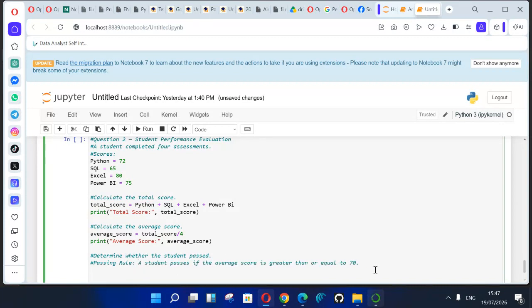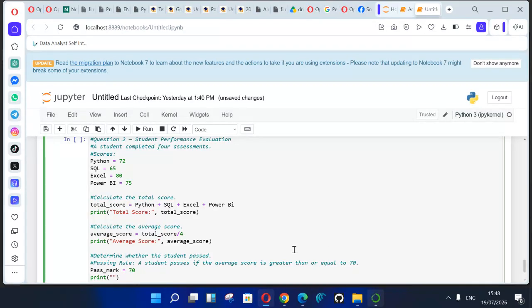So now this is what we'll do. We'll say pass mark is equals to 70. Pass mark is equals to 70. So let's say print what's the average score?